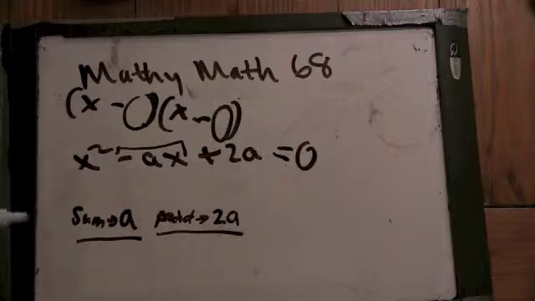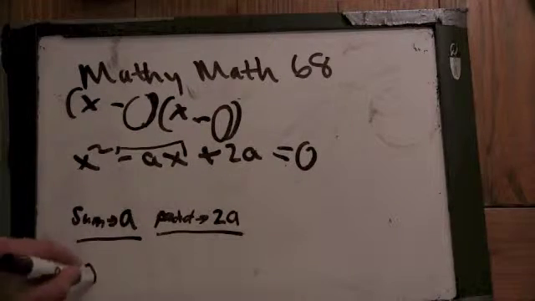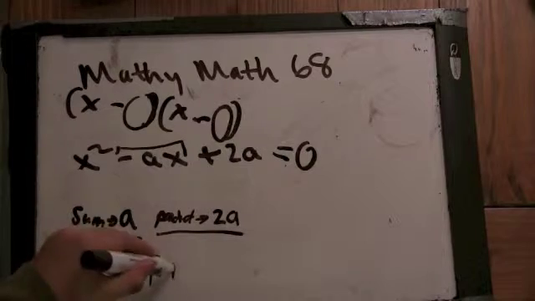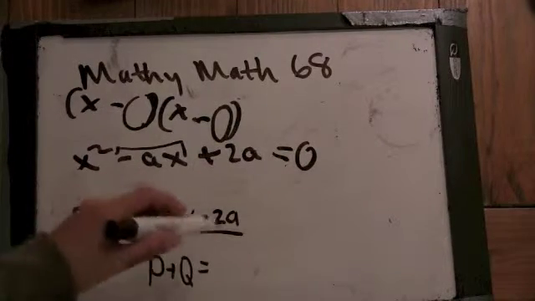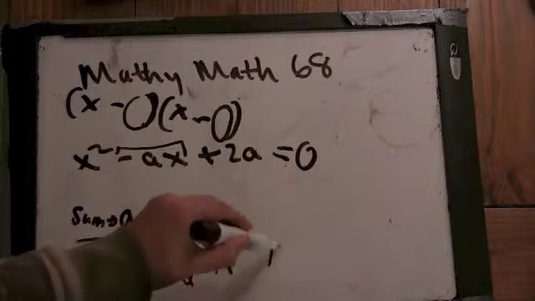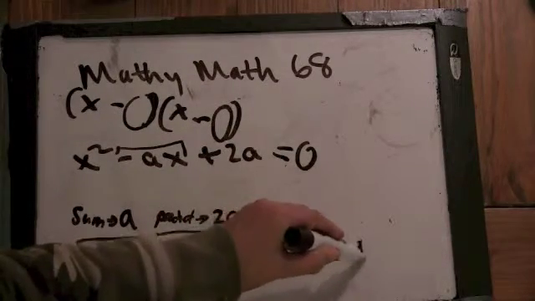So we know we have, I'm going to call the roots p and q. And we know that p plus q is a, and p times q is 2a.